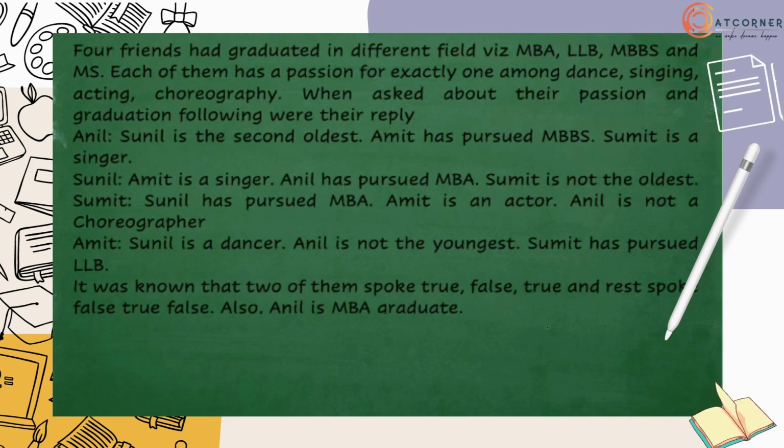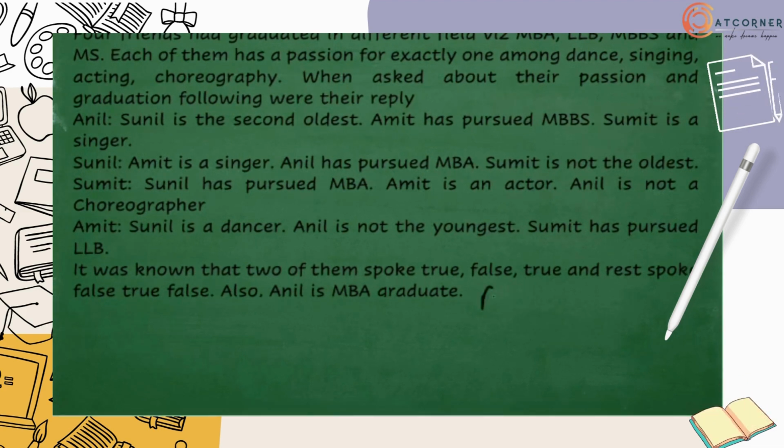Now, when a sub condition comes, when the question has multiple attributes, like here we have graduation, we have passion, and if we see statements, we have to find their age also. So we have four people: Anil, Sunil, Sumit, and Amit. We'll write down first.